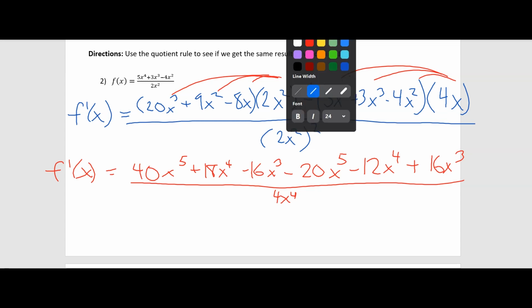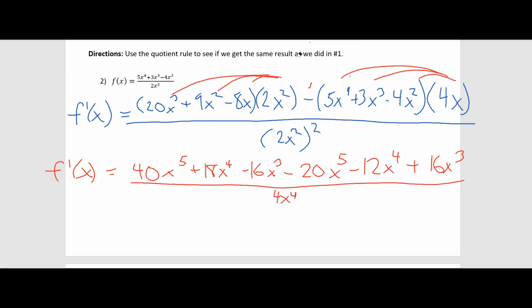All right, next line. Let's see what we get. I'm going to combine my like terms. So it looks like I have two terms with an x to the power of 5. So that's going to give me 20x to the 5th power.